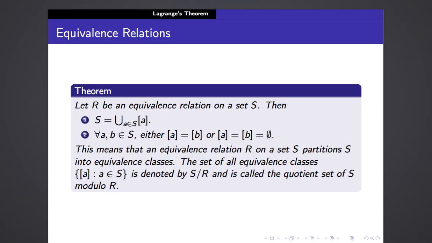I said an equivalence relation on a set S partitions S into equivalence classes. What does that mean? Actually, this is what it means. But I'm going to visualize it so that you can understand it better.